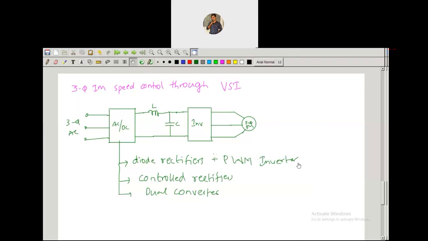So these are the different circuit diagrams for controlling the induction motor by using voltage source inverters. We will see how the induction motor is controlled by means of the voltage source inverter in the next lecture.